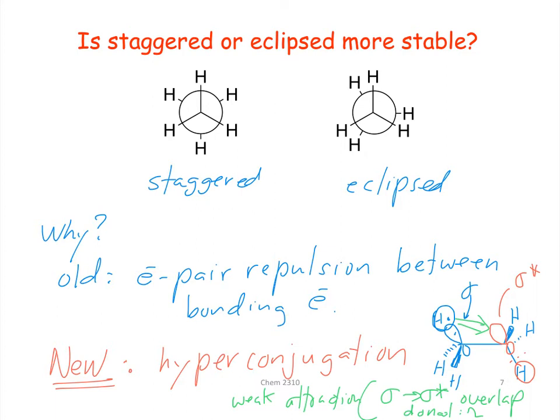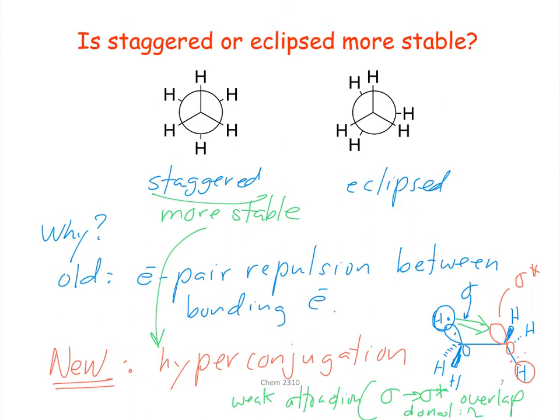Okay, and that only happens when we're in this staggered conformation. Okay, so this one is more stable because of this hyperconjugation. In the eclipsed, they can't have any hyperconjugation.